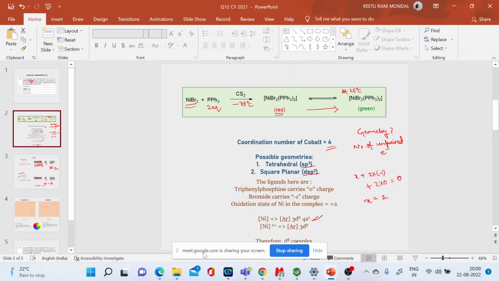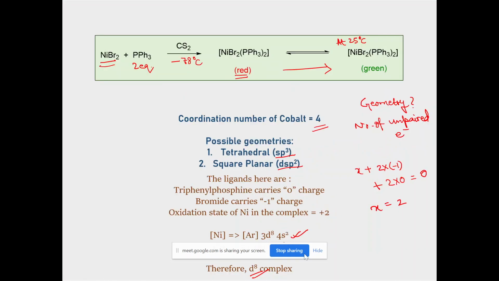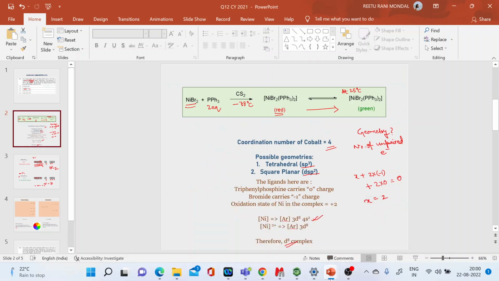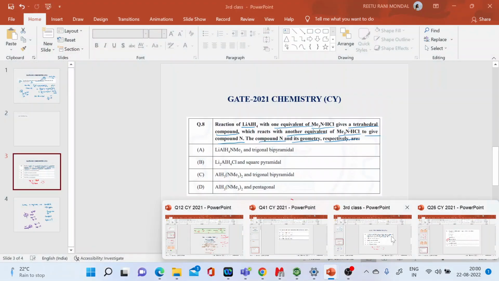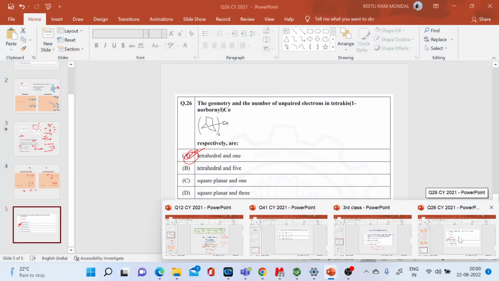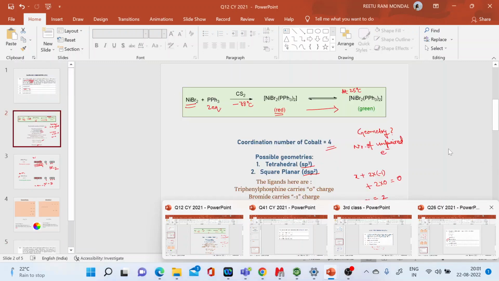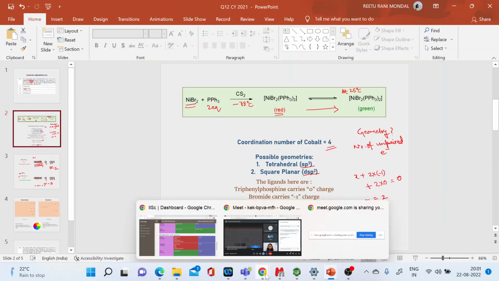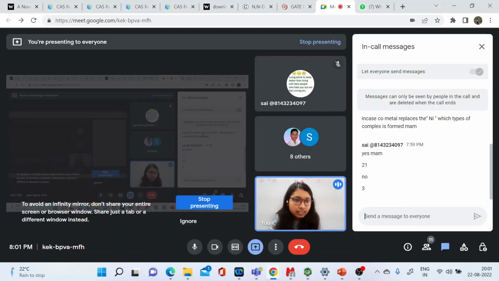You're talking about this question only, right? No, ma'am. Third question. Third question, okay. In this question, where is cobalt? Okay, in this one. But I think you asked what will happen in case CO metal replaces the Ni. So CO is replacing Ni.